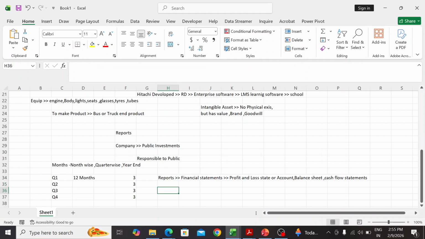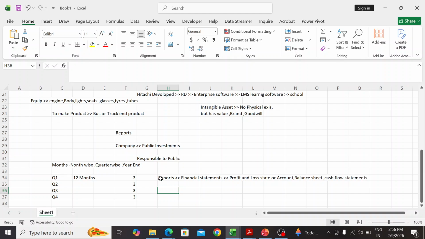I will explain all those things in the later part of the time. For now, just understand reports. Reports are nothing but financial statements. Financial statements include the profit and loss account statement, balance sheet and cash flow statement majorly.